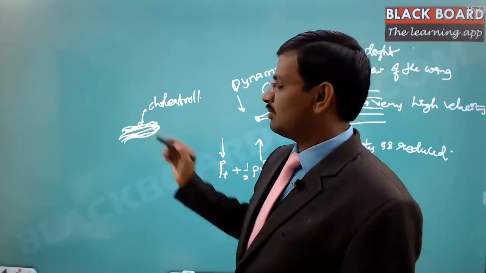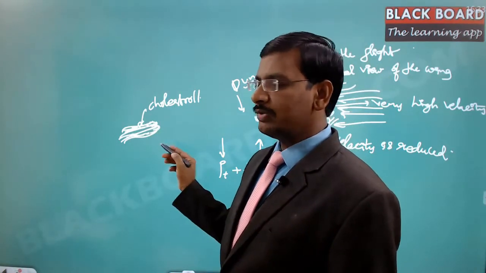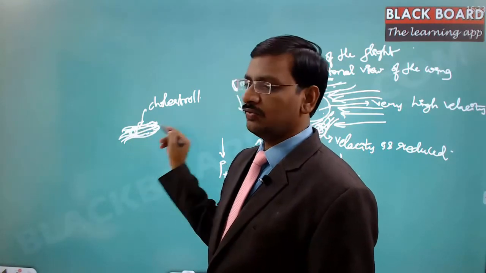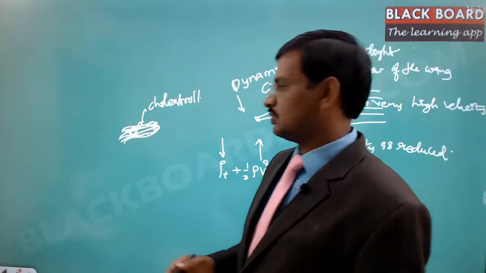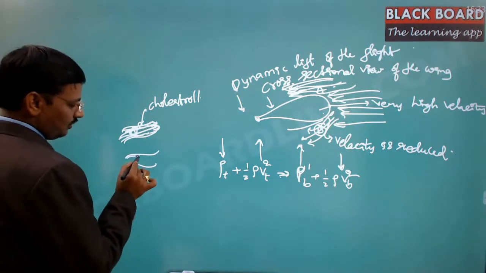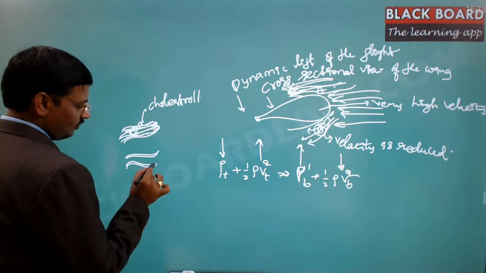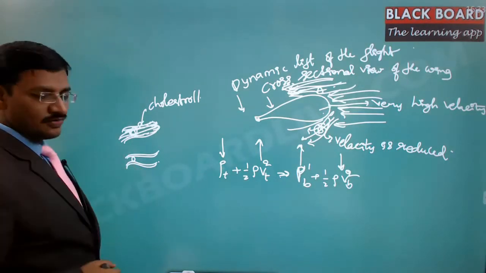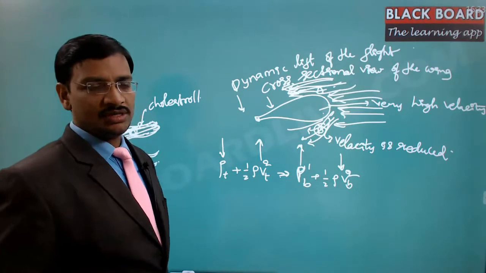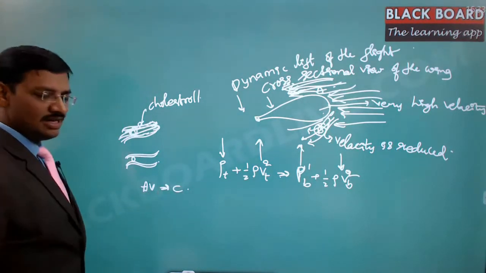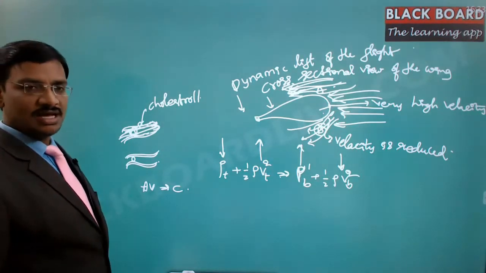Now, as there is a blockage of the flow, obviously the area of cross section available for the blood to flow is less. Though the vein is of this size, due to the formation of cholesterol the area of cross section is getting reduced. You know the continuity equation states that AV is equal to constant, where A is the area of cross section and V is the velocity of the flow.